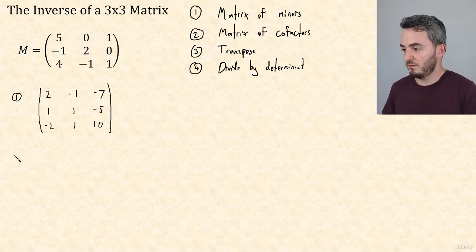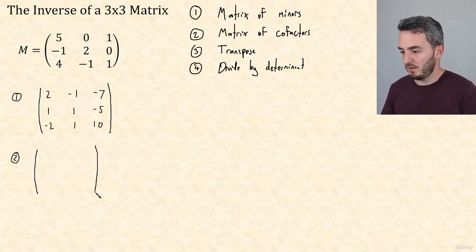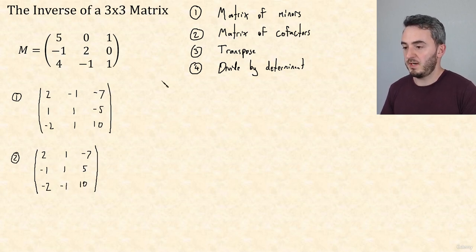Next is our matrix of cofactors, so we apply that checkerboard of plus, minus, plus, minus, plus, minus, plus, minus, plus over it. So every time we have a plus, we leave it alone, and every time it's a minus, we flip the sign. Then we take the transpose.